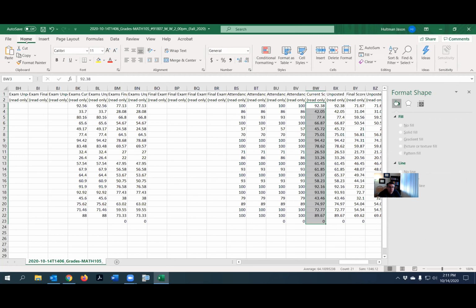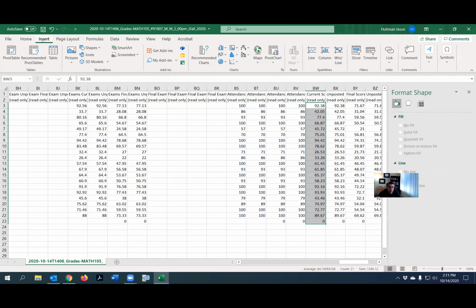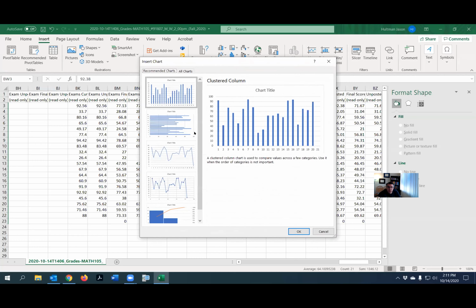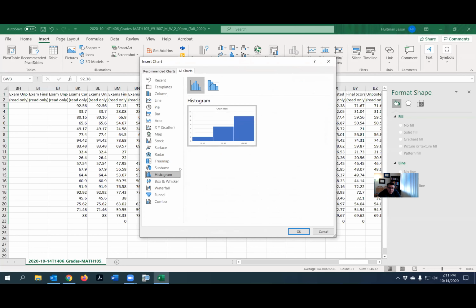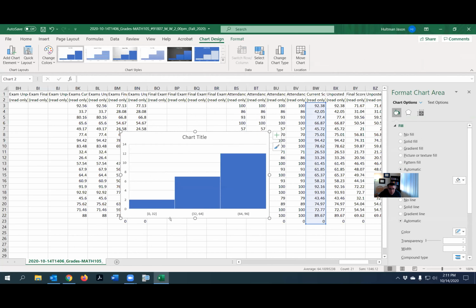I want a histogram. Let's try this again. Histogram. Where's my histograms? There it is. Histograms. Okay, I got this bad boy here.